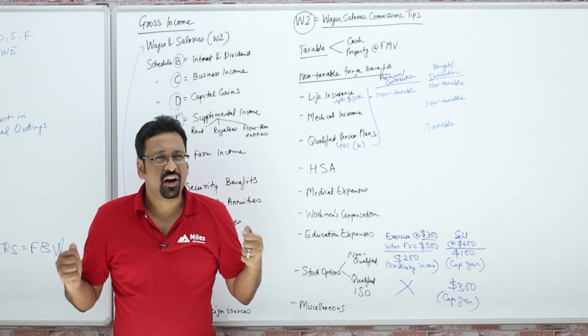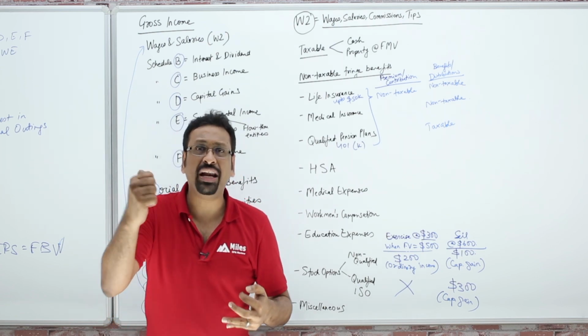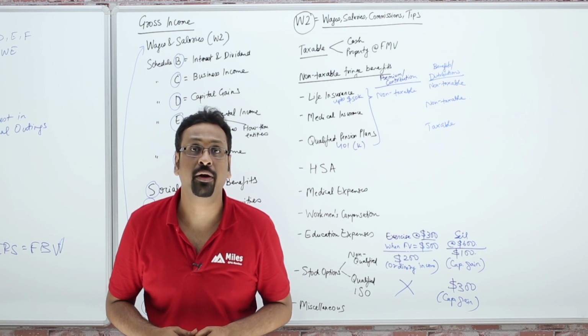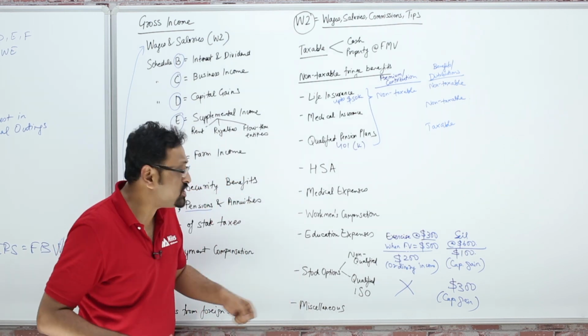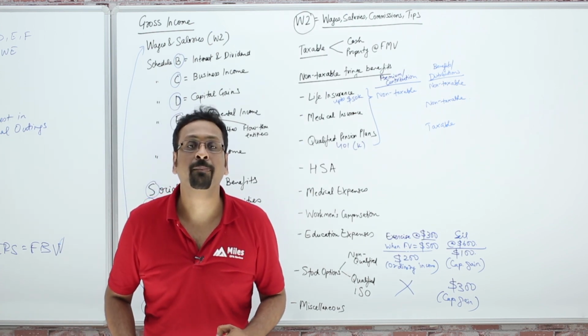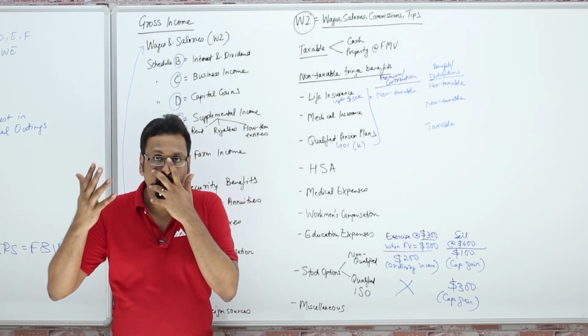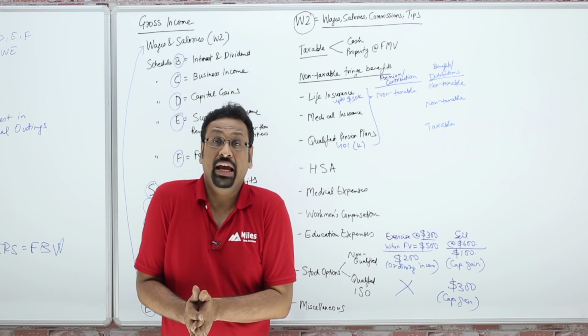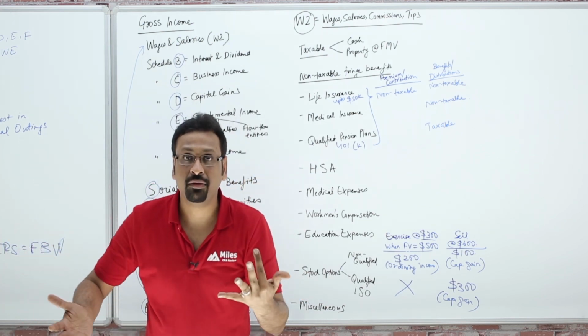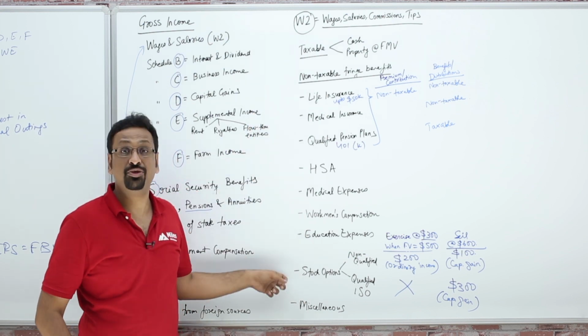Let's say you've done a great job. You've worked really hard and you get an employee achievement award from your employer. Now, up to $400 fair market value, that's fine. It's a non-taxable fringe benefit. Let's say your employer has an eatery and you can eat lunch, dinner for free. Non-taxable fringe benefit.